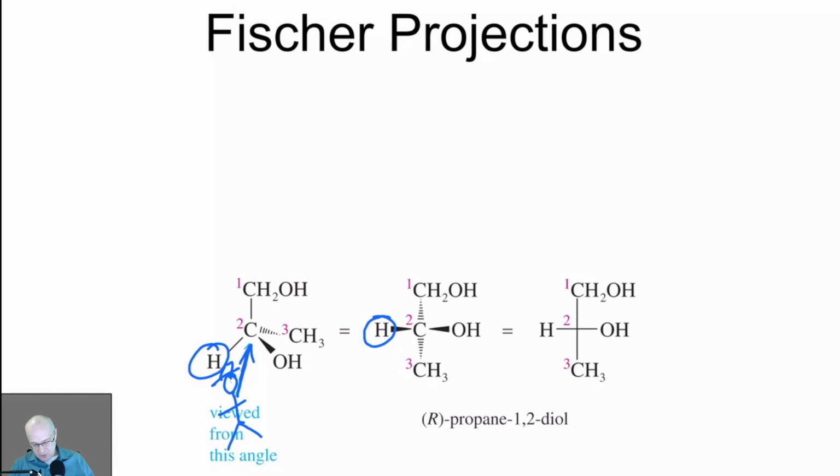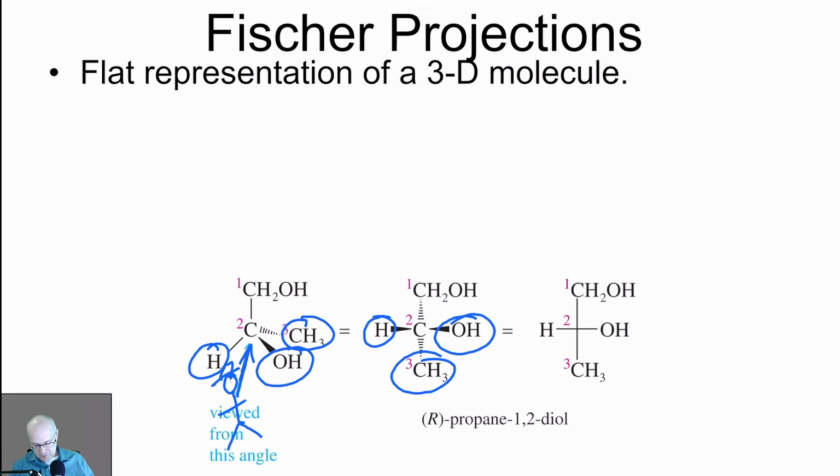This CH3 is pointing down. The OH is to our right. And the CH2OH is down, but it's also in front of us. It's down and up. So that's how we're looking at it.